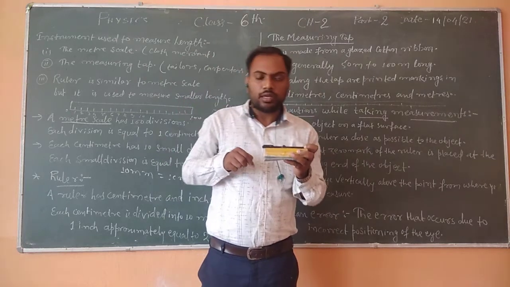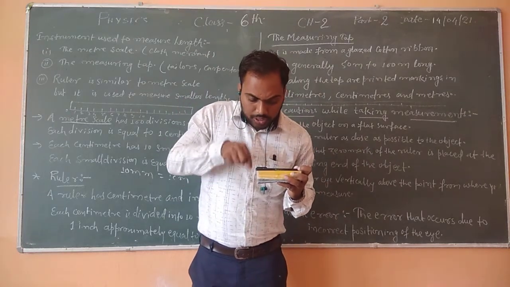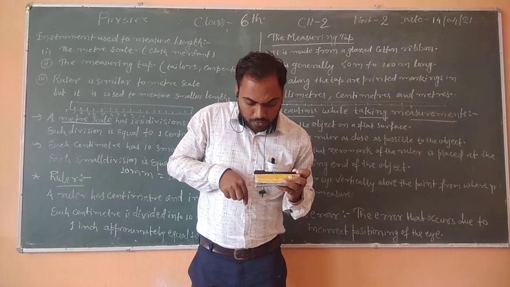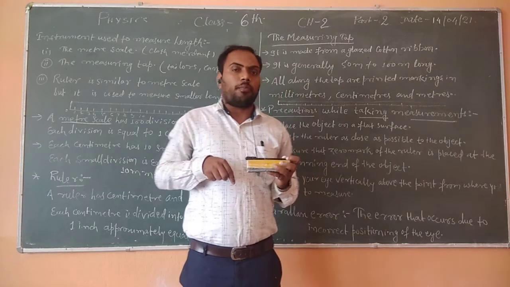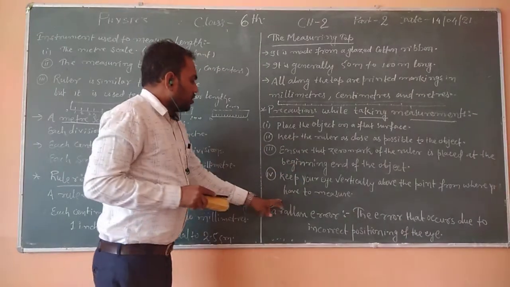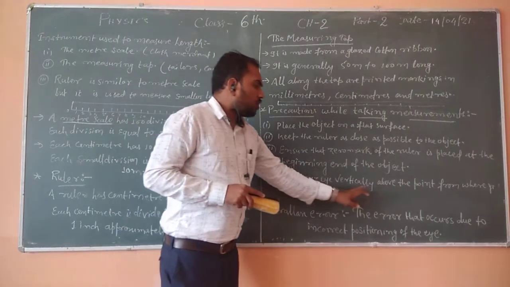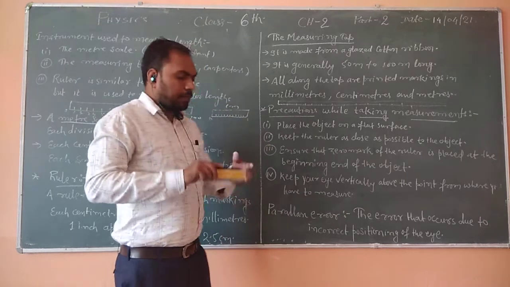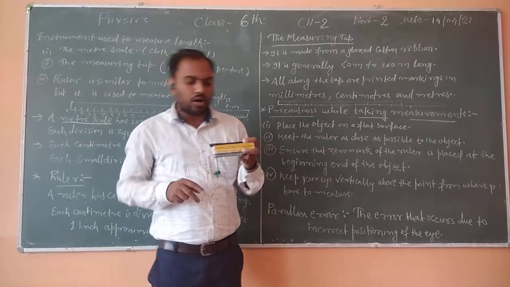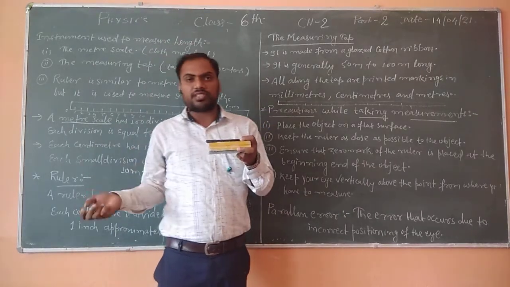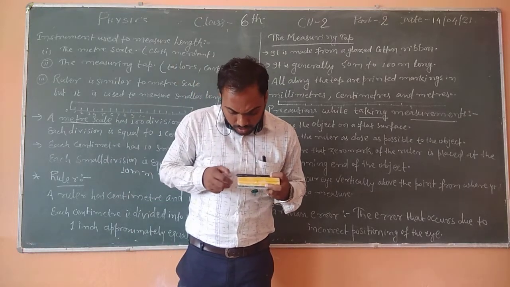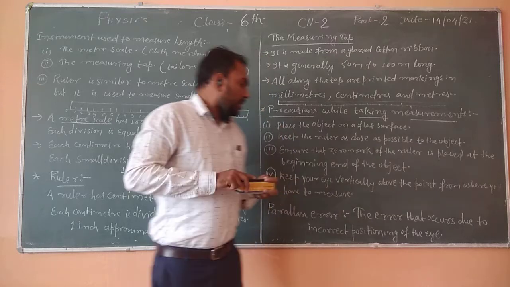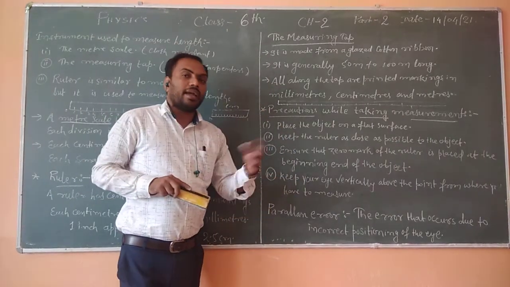You have to view the reading from the top. If you look from the left side or from the right side, not from the vertical, definitely there will be an error.